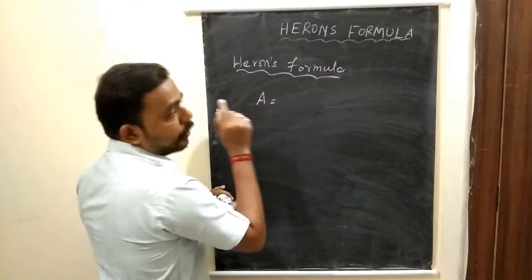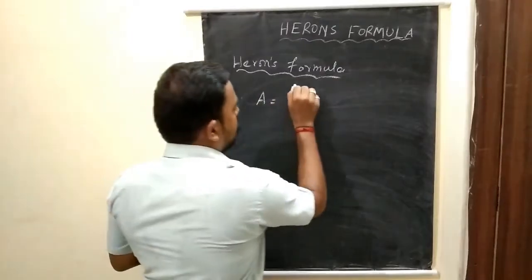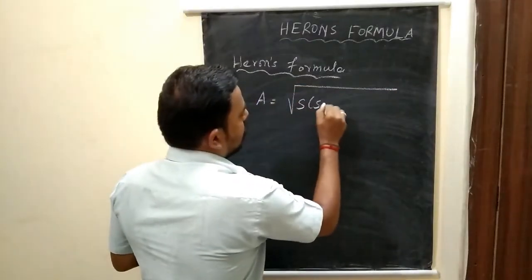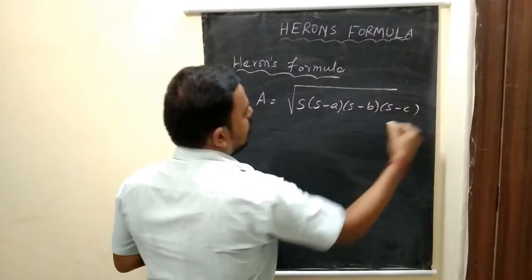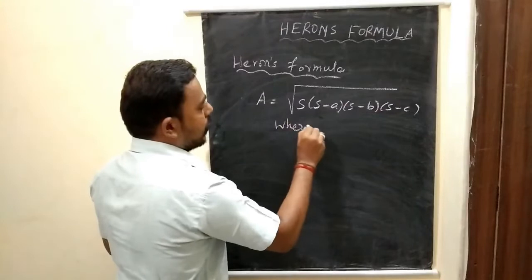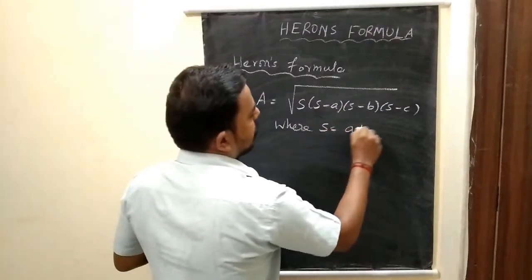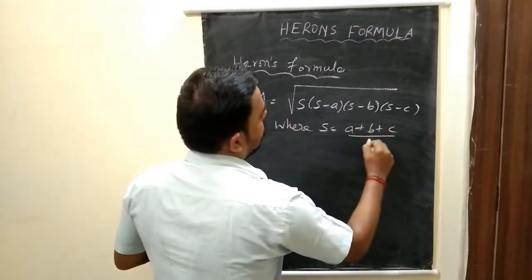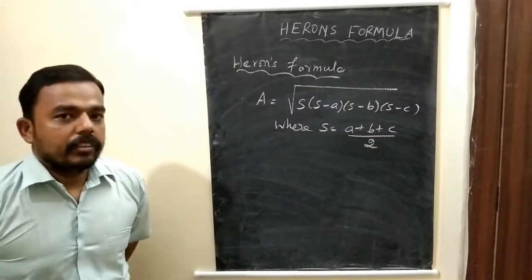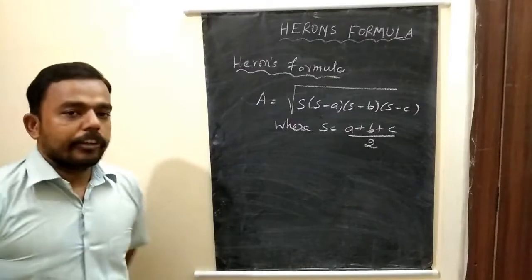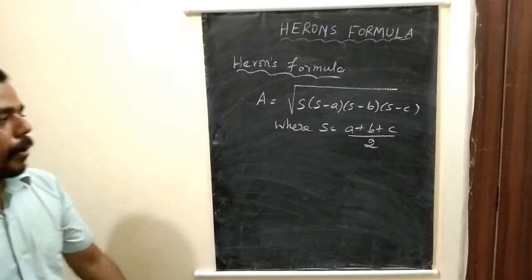Area we need to find for your triangle. Square root of S into S minus A into S minus B into S minus C, where S is equal to A plus B plus C divided by 2. So this is the Heron's formula structure. Using this, we are going to solve some problems.